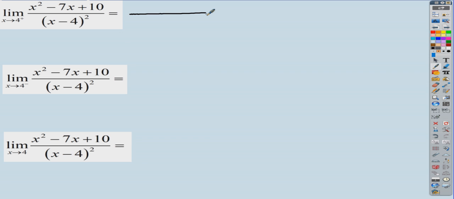I'm getting 0 positive squared. Well, what's 0 positive squared? 0 positive is a small positive number. What about the top? There's the limit at the top. It's hard to tell, isn't it, if I'm plugging in 4 plus.